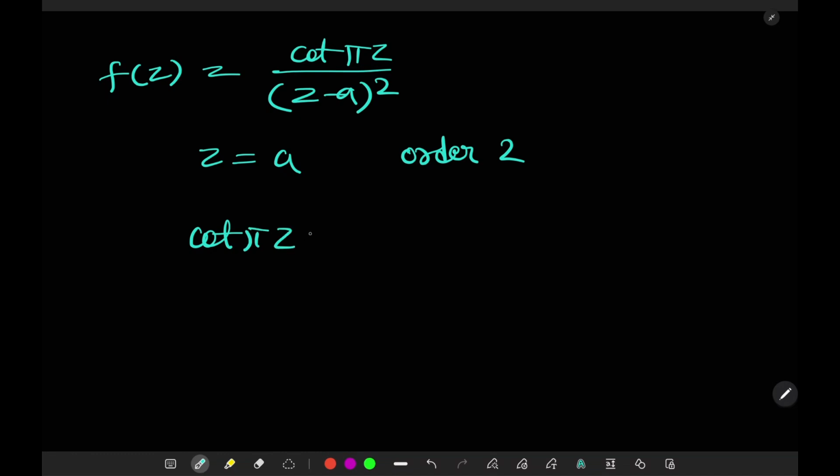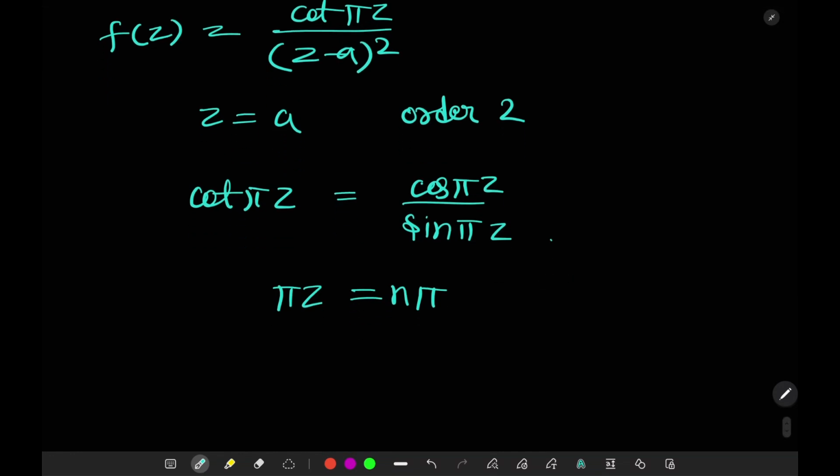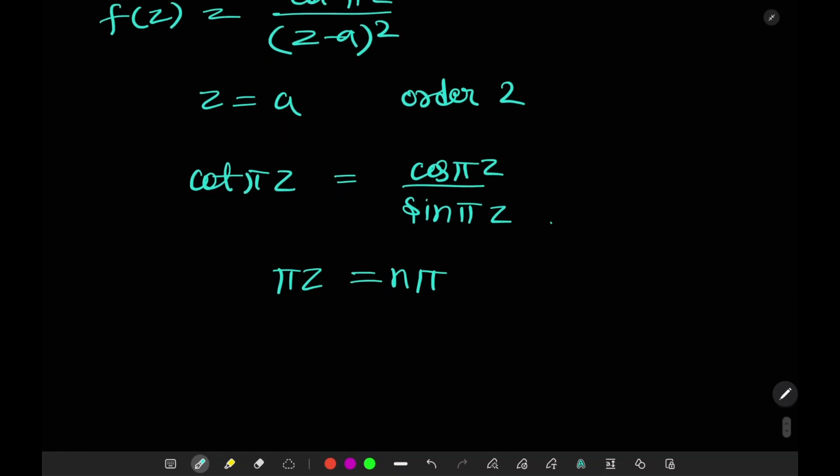And for the expansion of cot pi z, we can write cot pi z equals cos pi z divided by sin pi z. So cot pi z has singularity at pi z equals n pi, since sine is 0 only at n pi values.